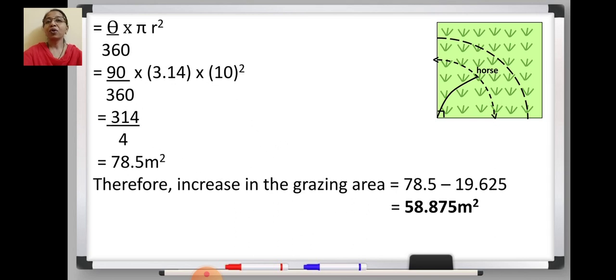So again you apply the same formula. This time only the radius is changed. Before it was 5 meter. Now the length of the rope is increased. Now it has become 10 meters. So 90 divided by 360, value of pi is given 3.14 and 10 square.